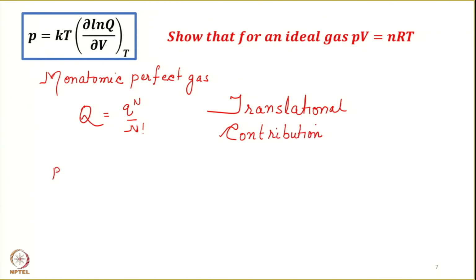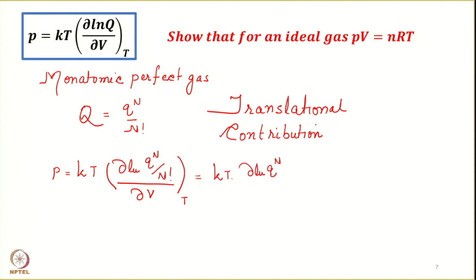Okay. So, P is equal to kT del log of Q raised to the power n by n factorial, del V at constant temperature, which is equal to kT del log Q raised to the power n, del V at constant temperature, and then the next part I can take as minus kT del log n factorial, del V at constant temperature.